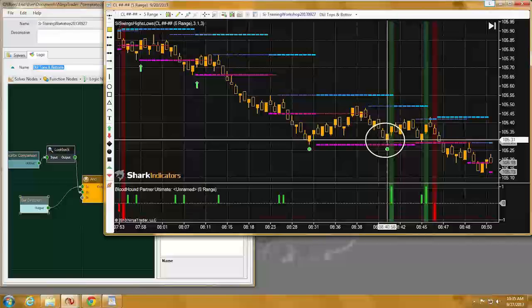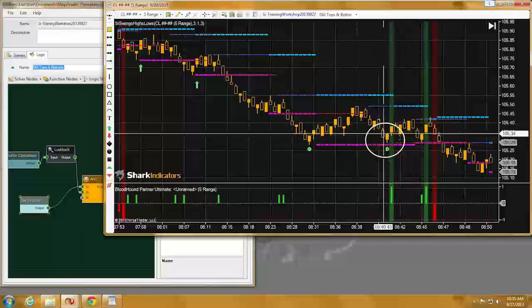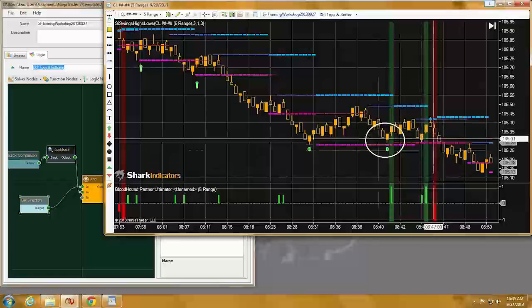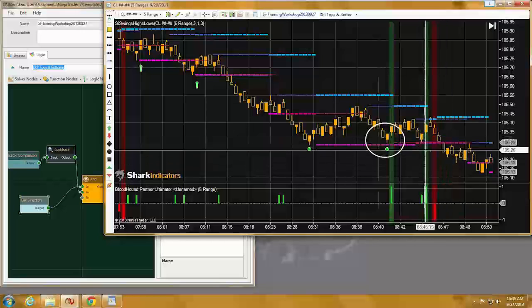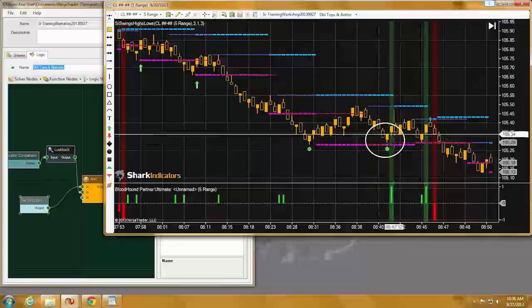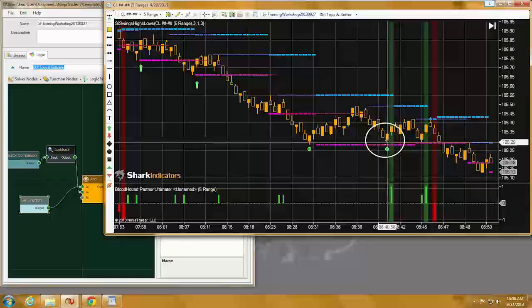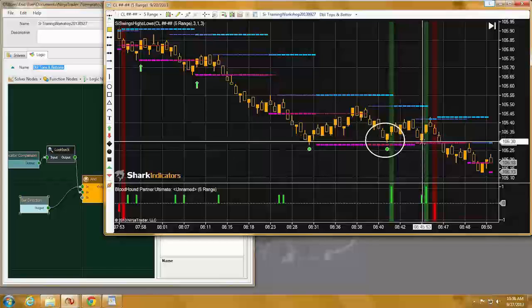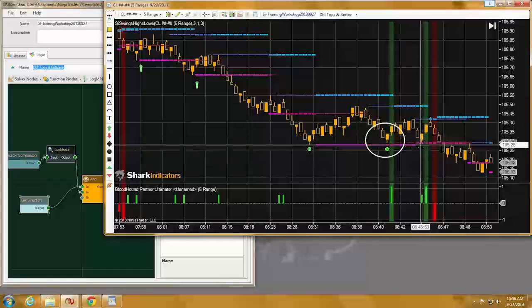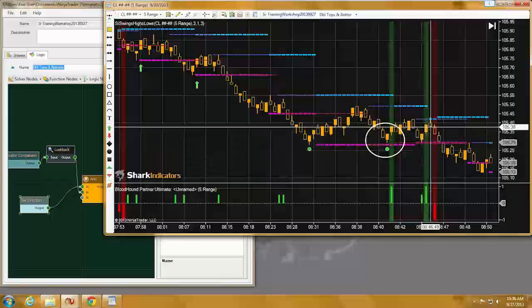And so our long signal here is working out good. And this is pretty subjective, but technically it's correct. We have our first low point, price moves up, comes back down. We get our second low point for a double bottom, and then price begins to move back up.